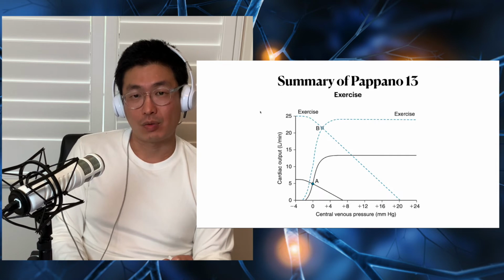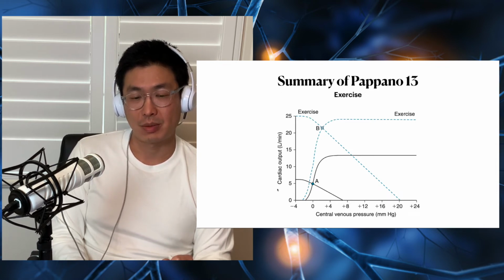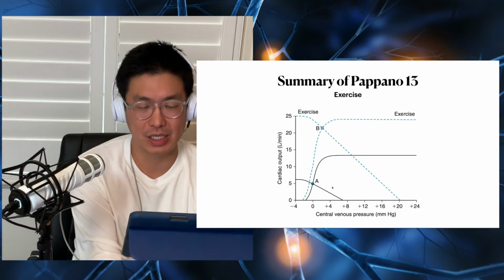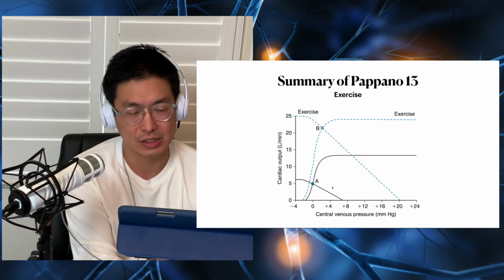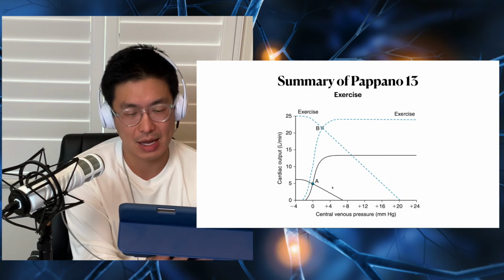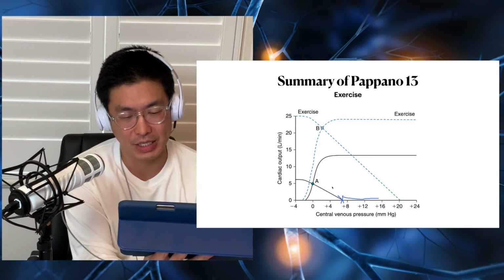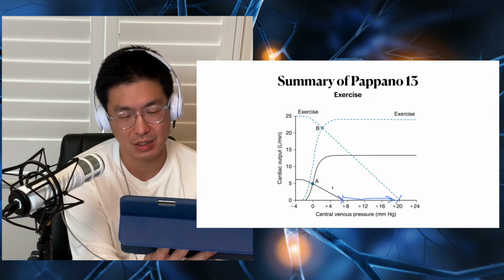This is the graph which shows you the changes in exercise. And I like this one, so I'm going to try and include this in my answer. This is normal, and then these are the changes in exercise. What's really interesting here is that you can look at the ideas sequentially. There is an increase in your mean systemic filling pressure, so a shift to the right.